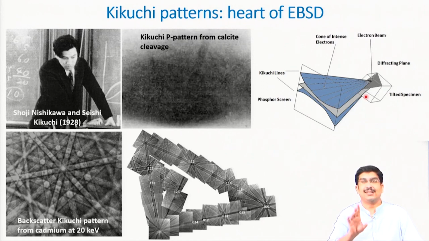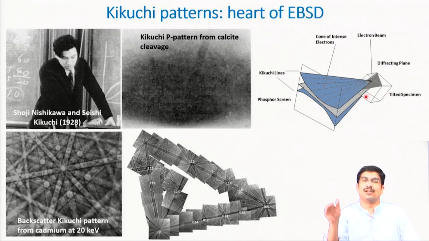We discussed that. That is why, in a scanning electron microscope, backscattered electrons are what is useful for diffraction-related experiments. That is another speciality of EBSD, because it is the only technique in the scanning electron microscope which gives you diffraction-related experiments and crystallographic information about the sample.